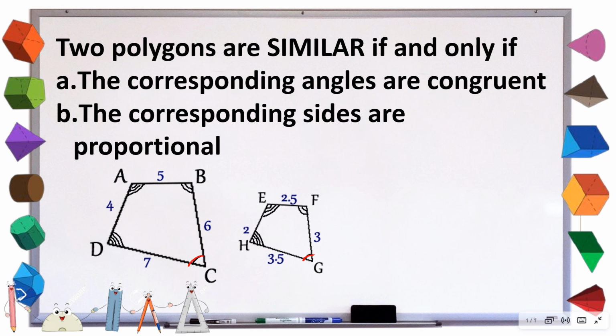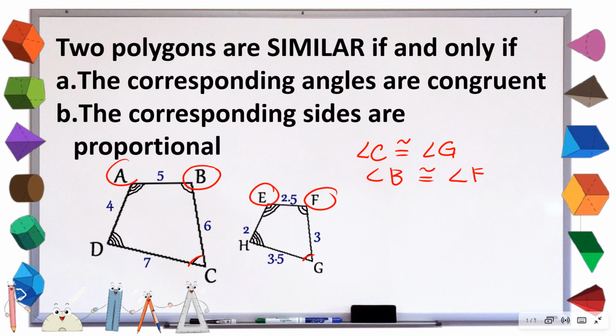Angle C is congruent with angle G. Then the second pair, angle B is congruent with angle F. Then we have E and A: angle A is congruent with angle E. The last one has 4 marks, D and H: angle D is congruent with angle H.